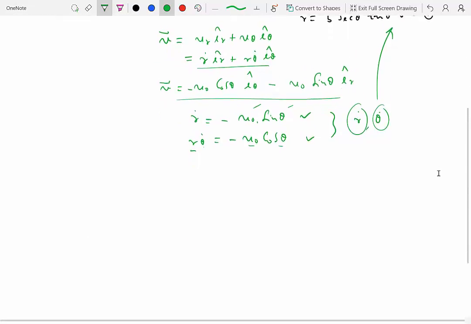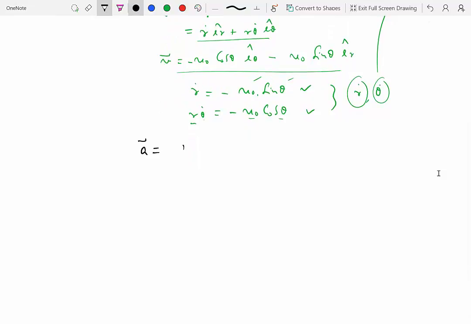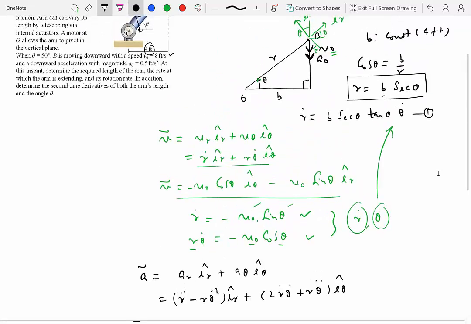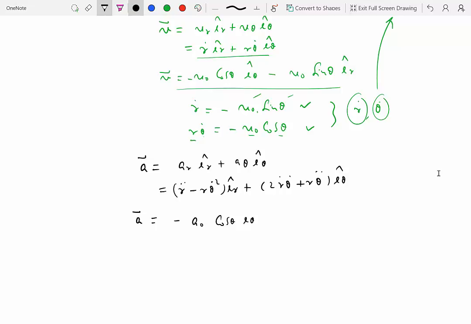Okay, what about acceleration? Acceleration is similar. So acceleration in the R theta system is a_r ER hat plus a_theta E theta hat, which is R double dot minus R theta dot square, and so on. Acceleration is given to us, which is in the downward direction, so it would be minus A0 cosine theta E theta hat minus A0 sine theta ER hat.